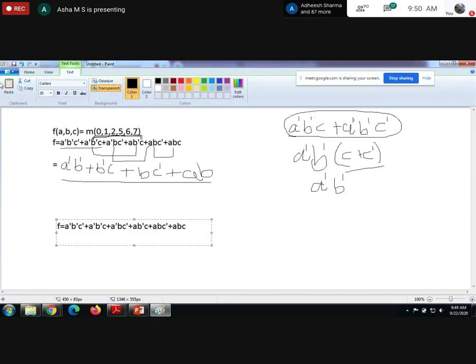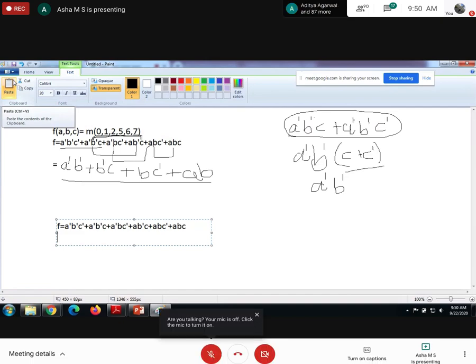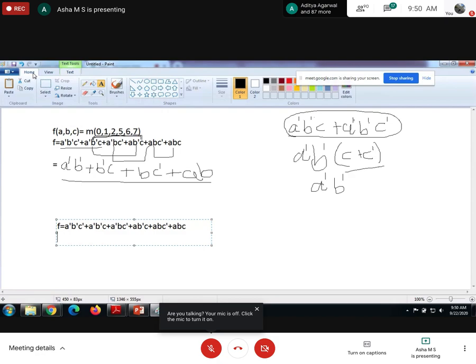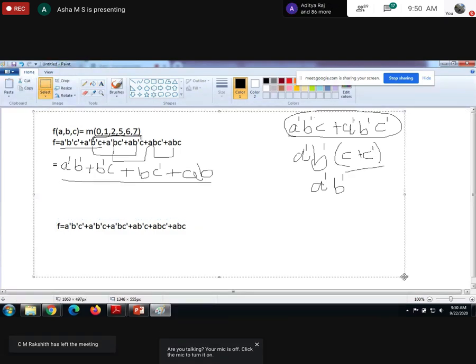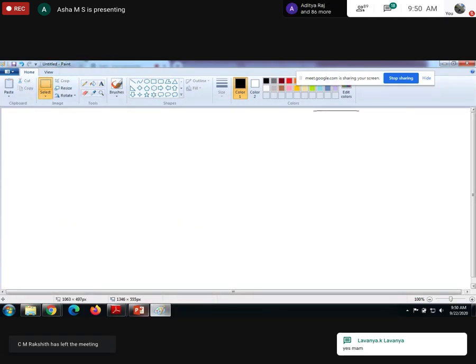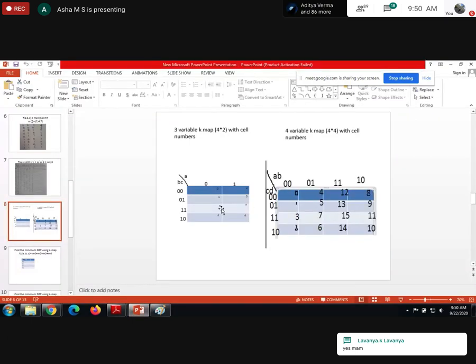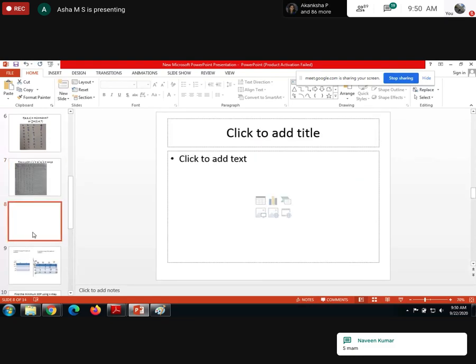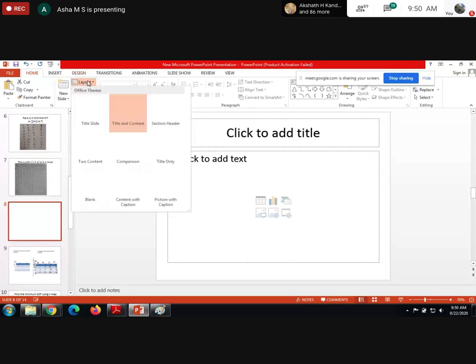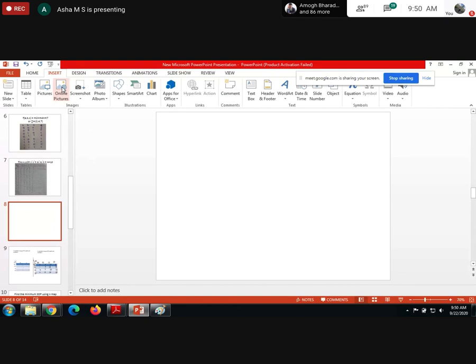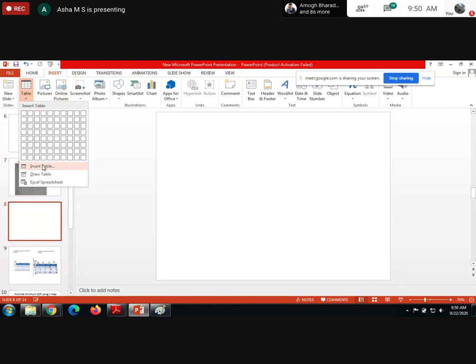Apart from this, what are the other methods we have to minimize the Boolean expression? Yesterday we told you. Have you heard about K-map?